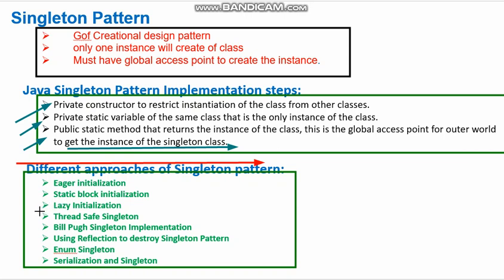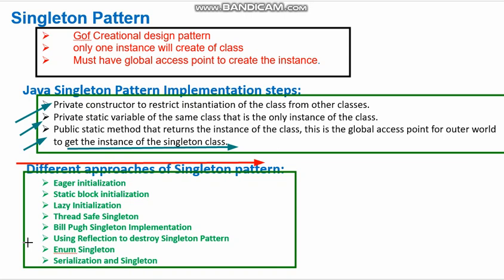Third, lazy initialization. Fourth, thread safe singleton. Fifth, Bill Pugh singleton implementation, using reflection to destroy the singleton pattern, enum singleton, and serialization and singleton. So these are the different approaches to implement the singleton design pattern in Java.